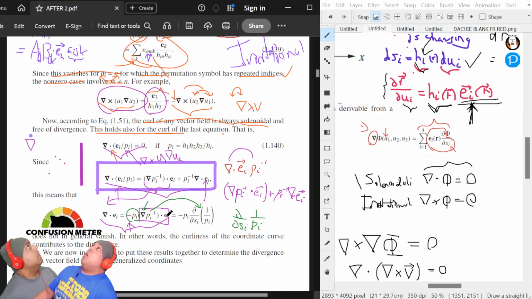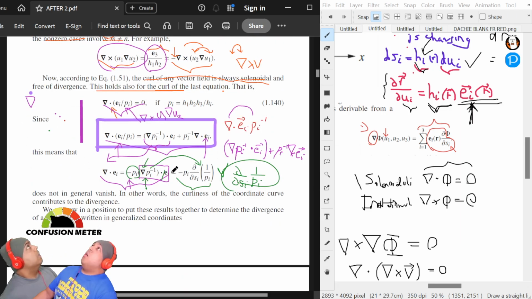We have this guy dot e_i. The magnitude of this is 1. The magnitude of this is del psi. So we have this. Thumbs up, I agree.